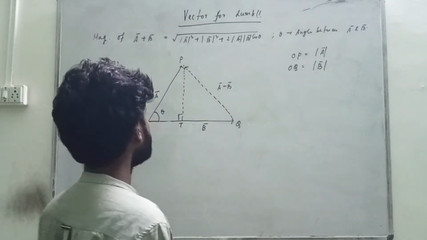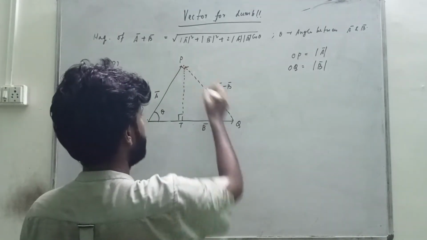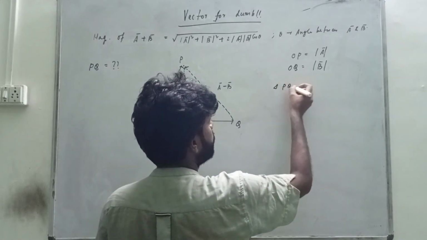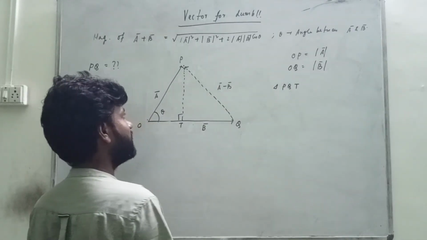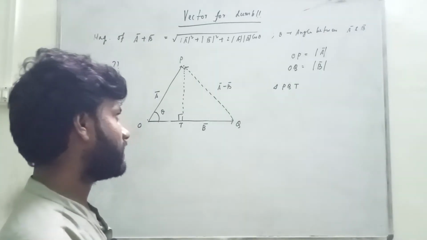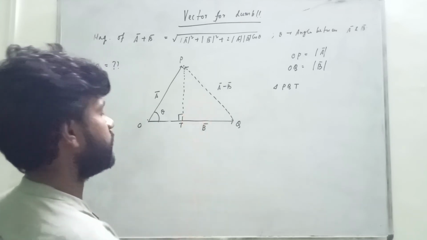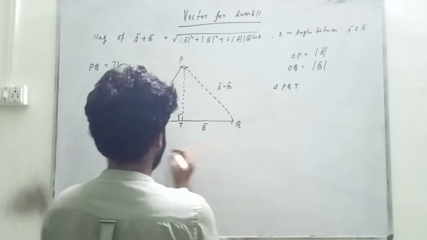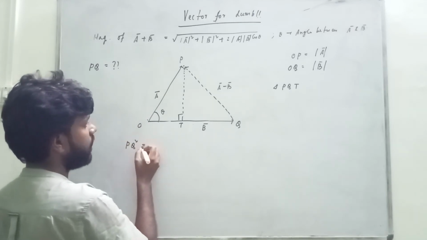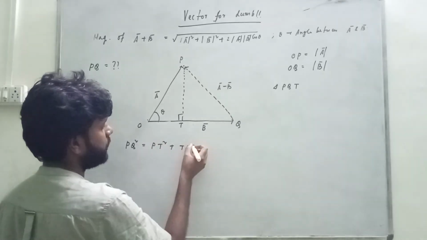Now just think of triangle PQT. It is a right angle triangle, right? And obviously the Pythagoras theorem holds for this triangle. So PQ squared equals PT squared plus TQ squared.